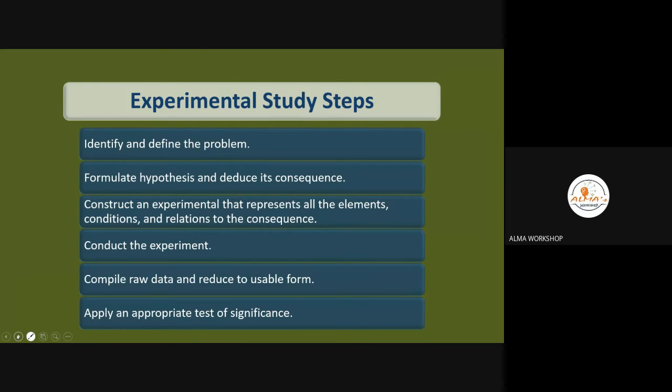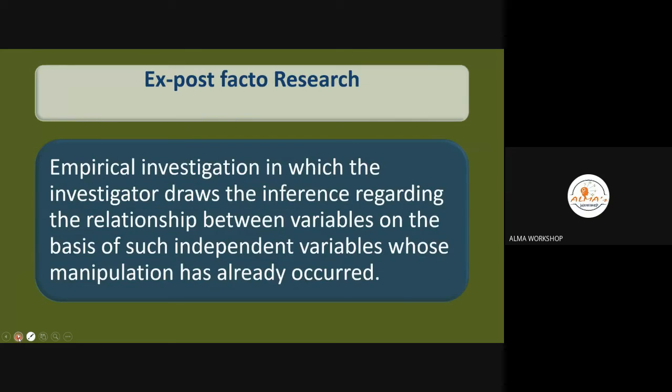Okay. For experimental, you identify and define the problem, formulate the objectives and hypothesis, construct an experiment including all the subjects, conduct the experiment, compile the data and apply statistical analysis and test the significance. All this will deal with what is meant by test of significance. Ex post facto research design is an empirical investigation in which the investigator draws inference regarding the relationship between variables on the basis of independent variables whose manipulation has already occurred.